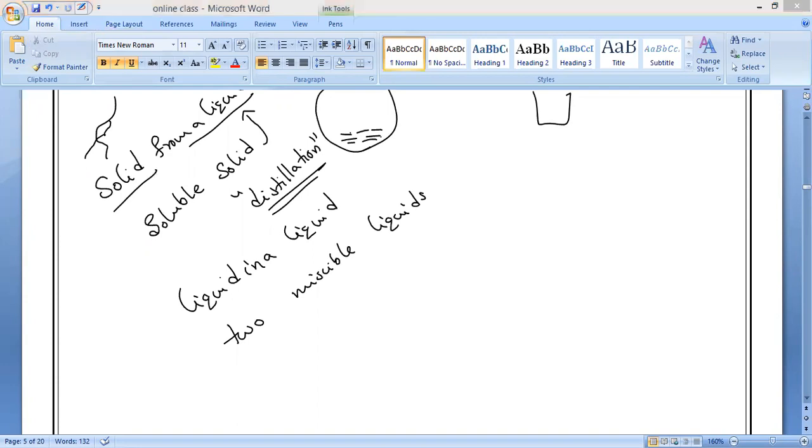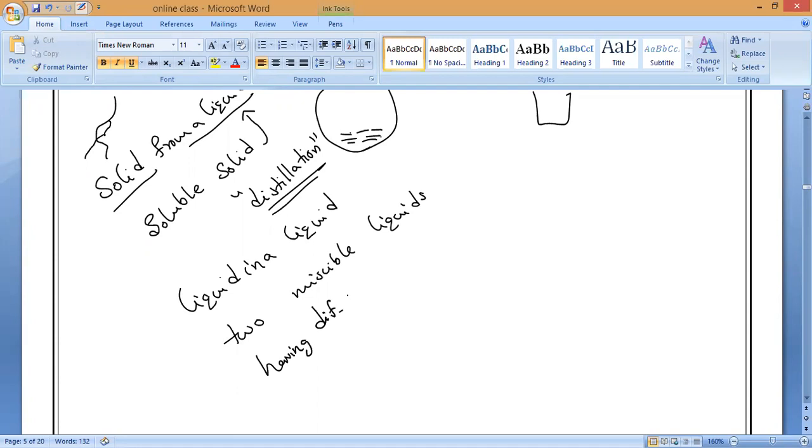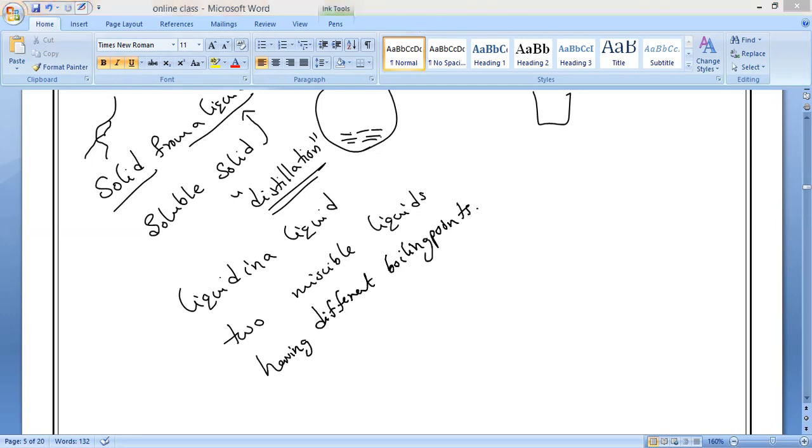Having different boiling points. Is it okay, all of you? Yes, that is what you have to remember. Having different boiling points.